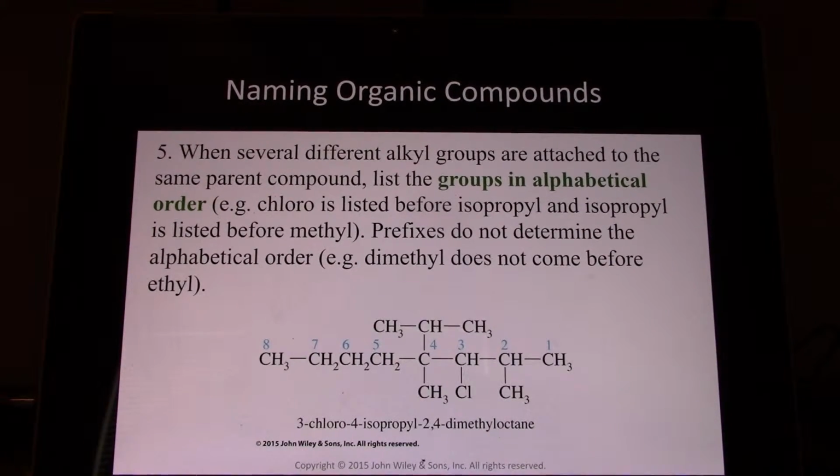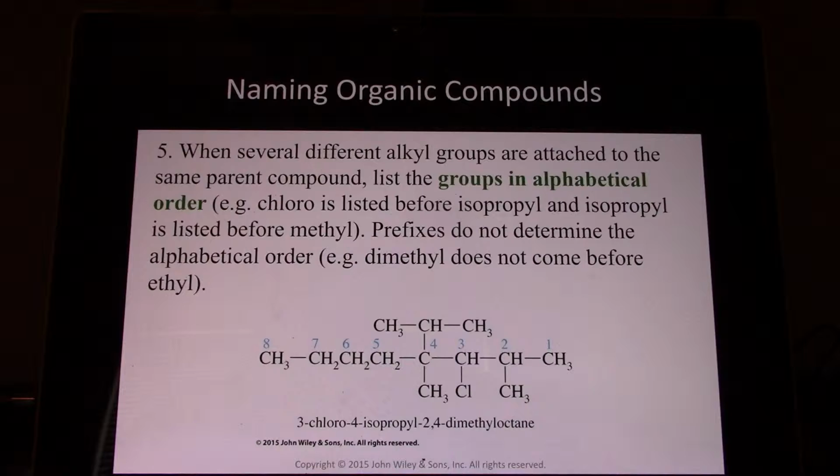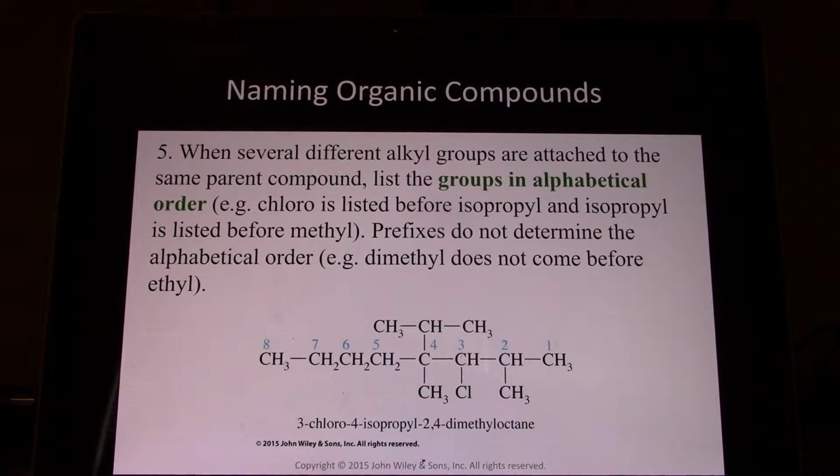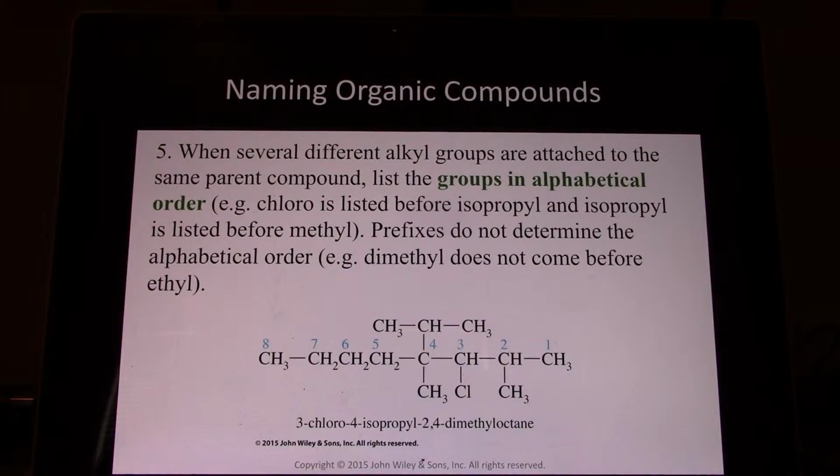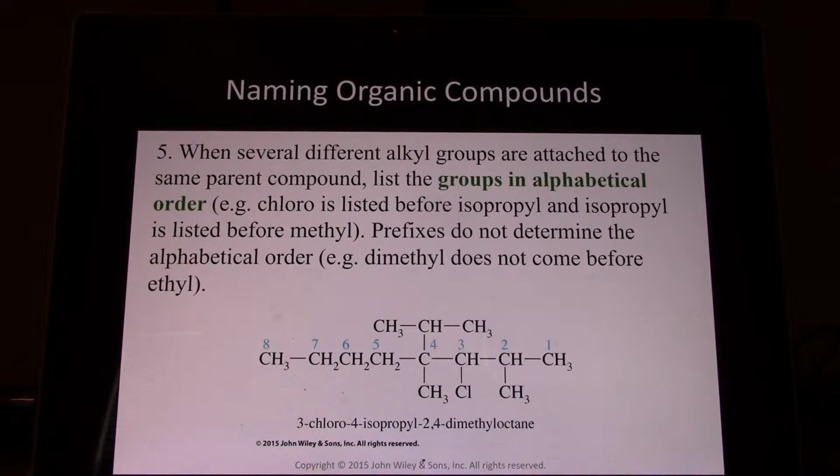And so here, we name it and we count from the side that gives us the lowest numbers. If we started from this side, you'd have something on carbons 5, 6, and 7. Whereas coming from this way, you have stuff on carbons 2, 3, and 4. And so the lower numbers are correct.